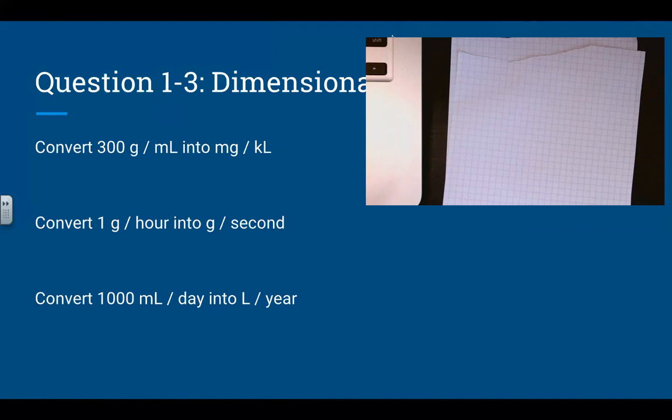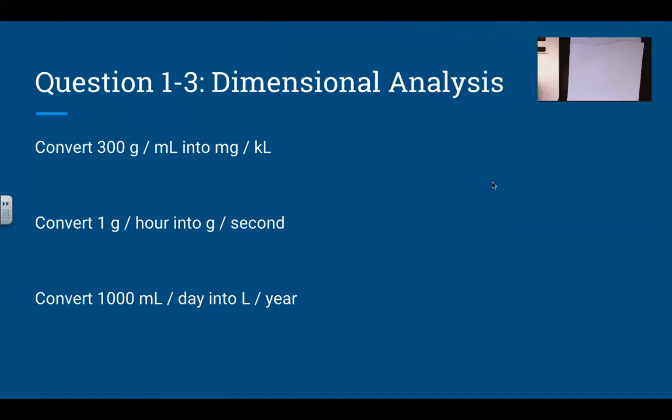Okay, I might have to do it a different way. So what we're going to do is I will show you in a different app my writing. Write down these 3 questions because we're going to try to solve them together here. So we're going to be converting 300 grams per milliliter into milligrams per kiloliter. We're going to convert 1 gram per hour into gram per second.